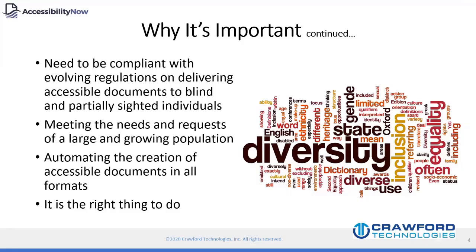So now more than ever, it is every organization's responsibility to deliver information and documents in a format that is accessible to everyone. It is simply a matter of meeting the needs and requests of a large and growing population. This doesn't mean that for organizations or entities or even individuals who are currently not generating their documents in an accessible format, that in order to do so, they have to invest an extraordinary amount of money.